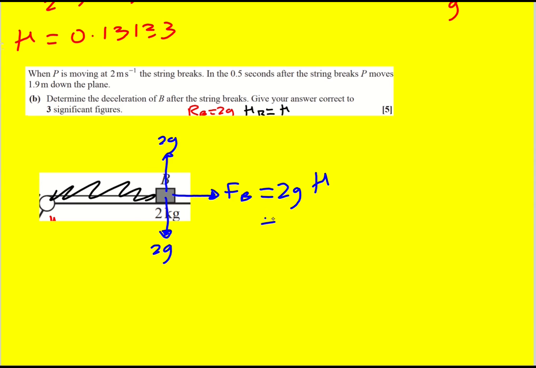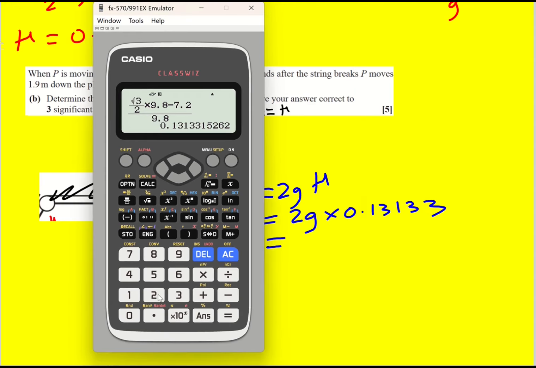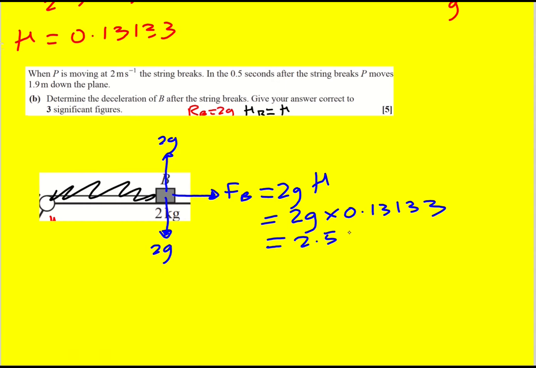And we've just now worked out that mu is 0.13133. So 2g times 0.13133 gives me 2.5740. So applying F equals ma on B to the right, that's going to give me a force to the right.